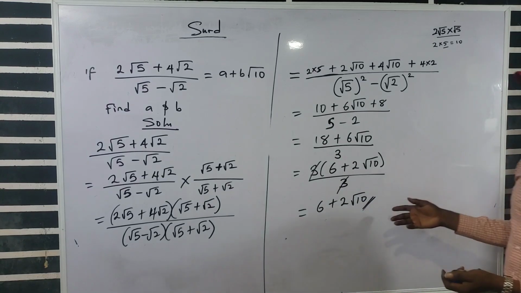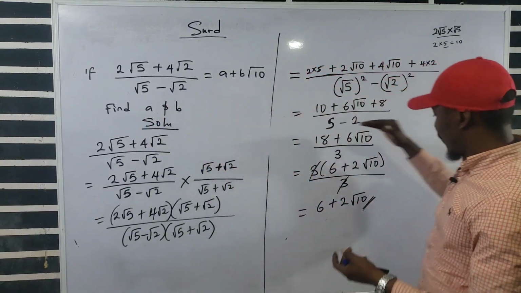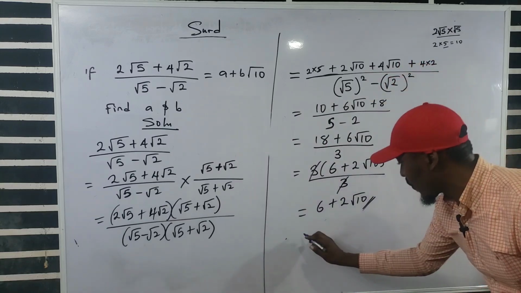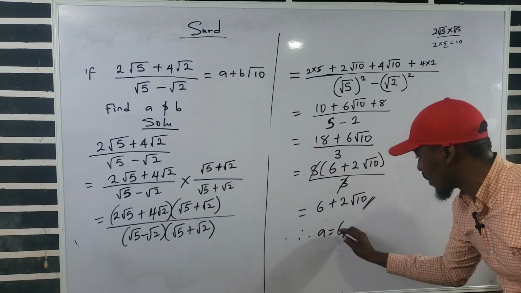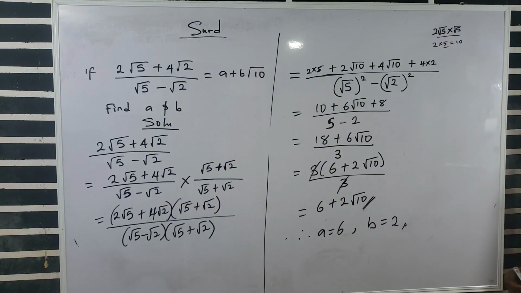Remember, you are not asked to simplify, rather you are asked to find a and b. We just need to simplify to be able to find our a and b. So from what we have, therefore a is equal to 6 and b equals 2. So that's our answer. Let us solve more problems like that.